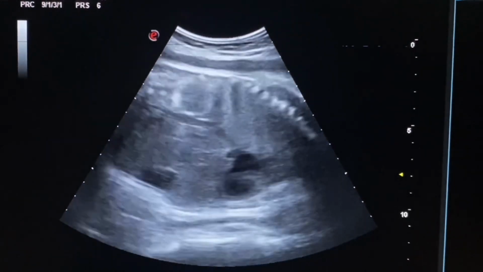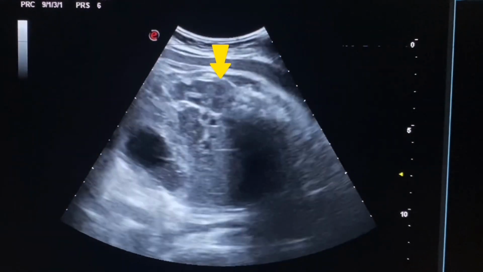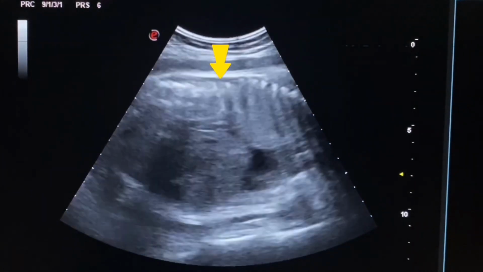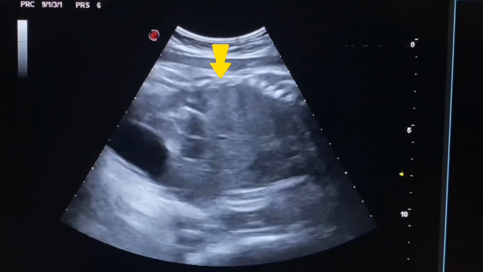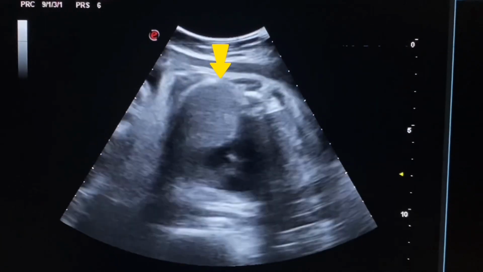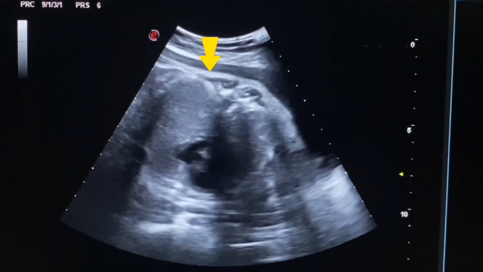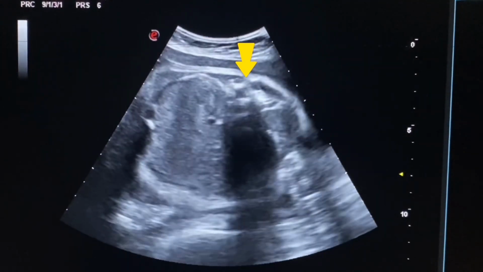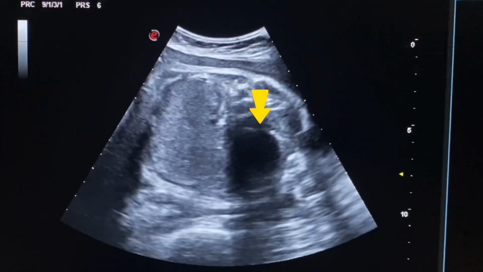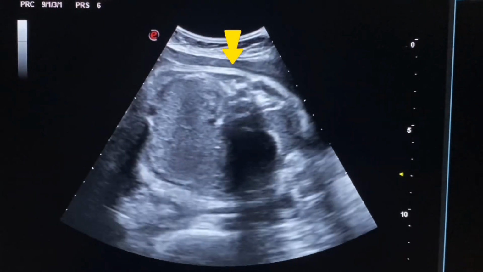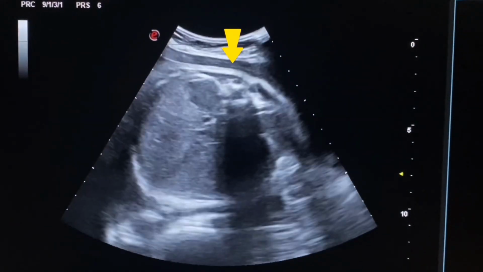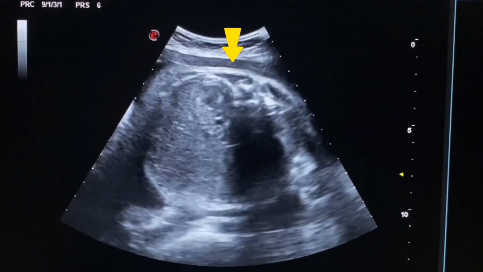Now we will take the abdominal circumference of the fetus. For abdominal circumference, we will take the measurement where we find the vertebrae, stomach and aorta. And remember that the heart and kidney should be excluded, and we will take the measurement between the heart and kidney.